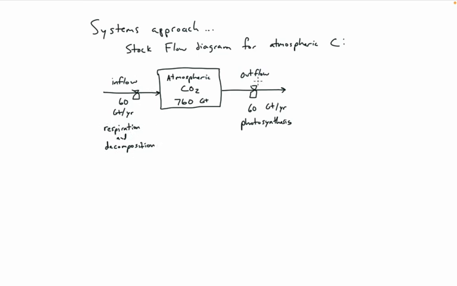So the flows are associated with some process, and we talked about this earlier. The bacteria turned carbon that was in a carbohydrate molecule into CO2 through this decomposition process. It's the same process that animals are doing when we do respiration.